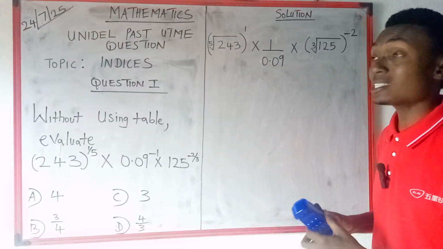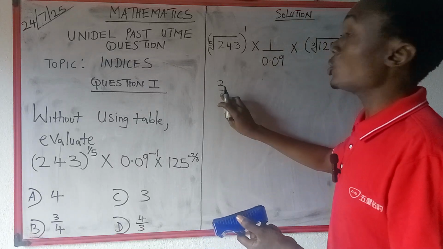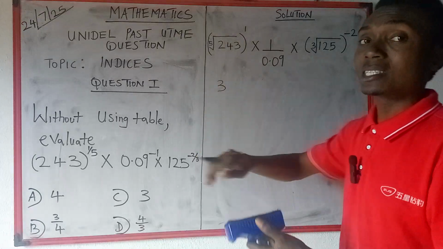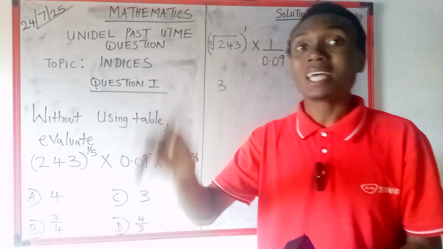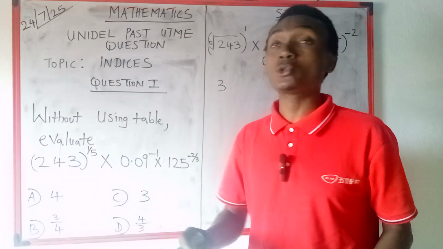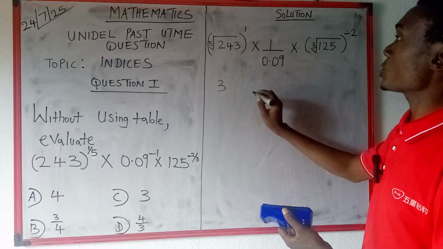And the number is 3. It means 3 times 3 times 3 times 3 times 3. If you have a calculator, do it. You're going to have 243. Okay, so let's go to the next one.